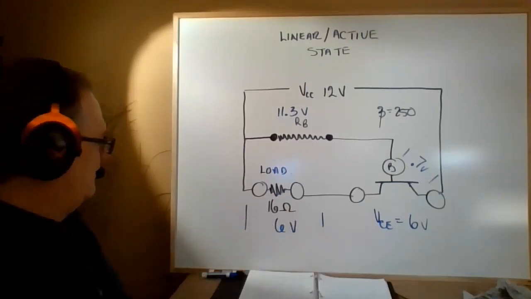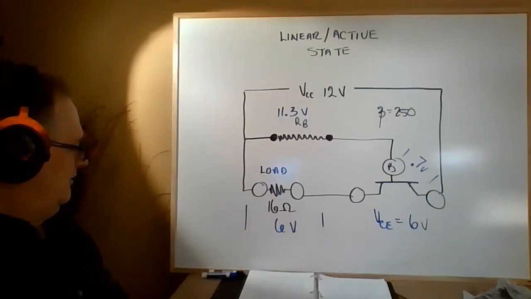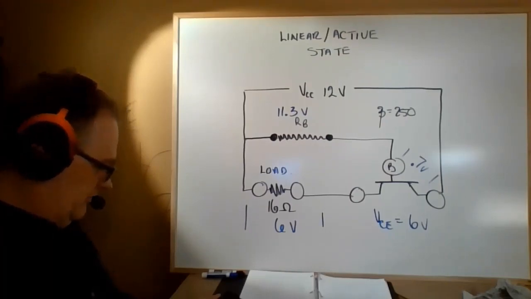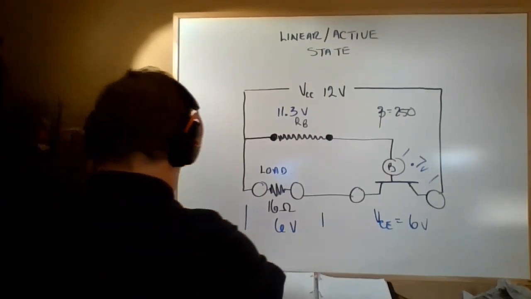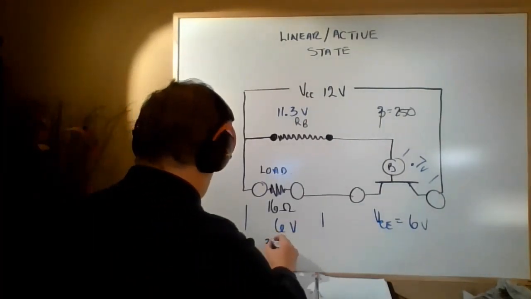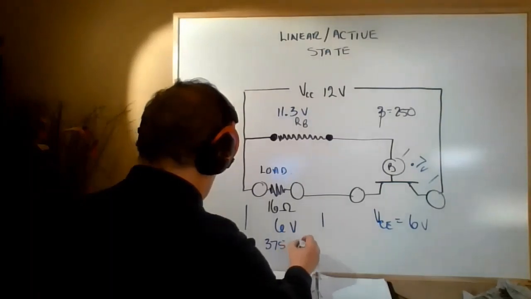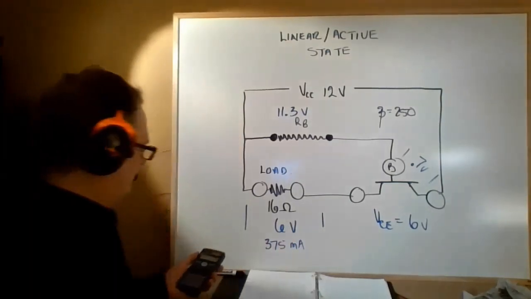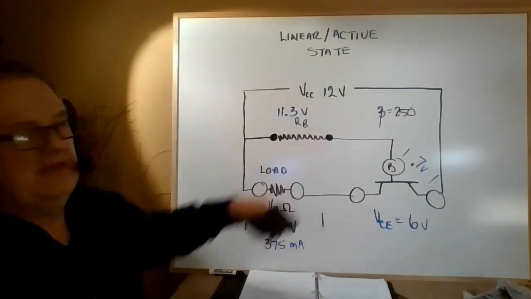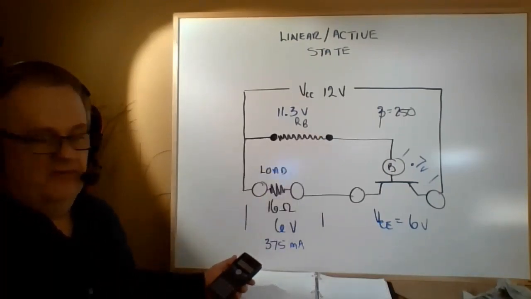So to find the current, I take the 6 volts, divide by the 16 ohms, and my current is 375 milliamps at this particular point.